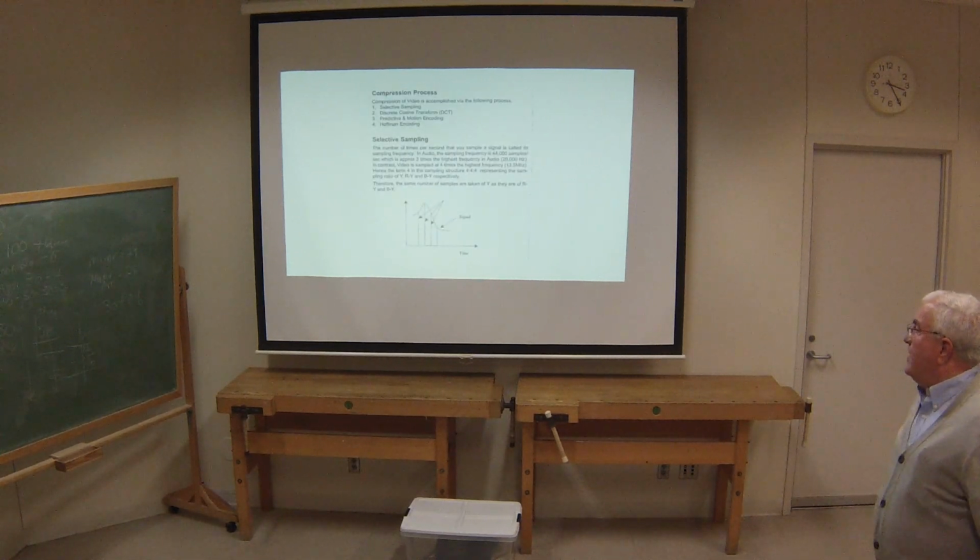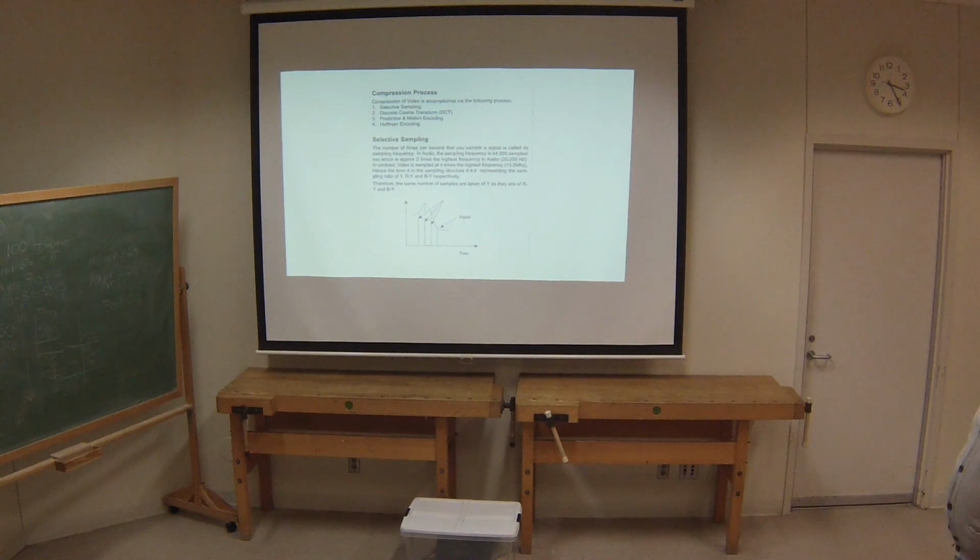All right, well, again, the compression process involves, first off, selective sampling. Then we do a discrete cosine transform, which is abbreviated DCT, and that's actually a Fourier transform where we go from the time domain to the frequency domain, because we're going to evaluate everything in terms of frequency.